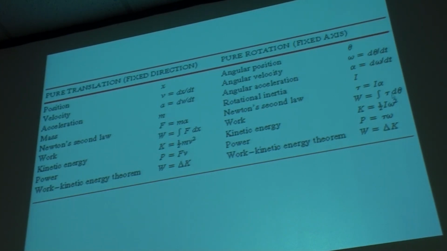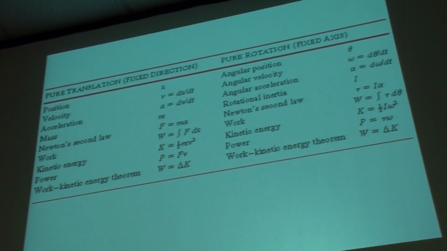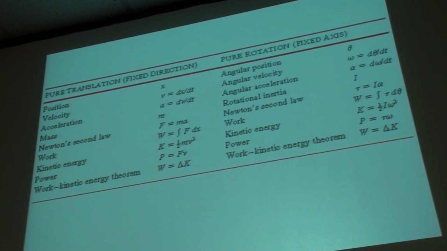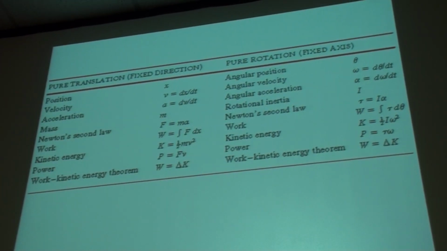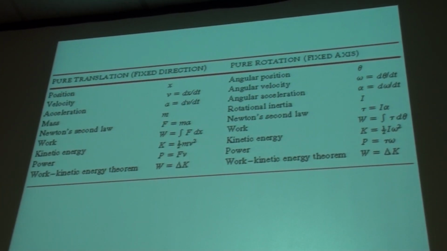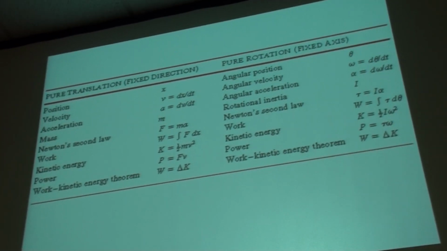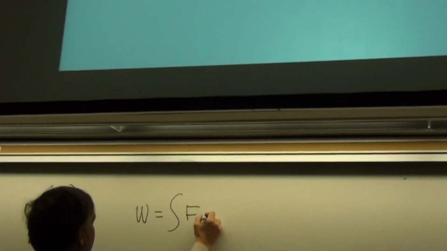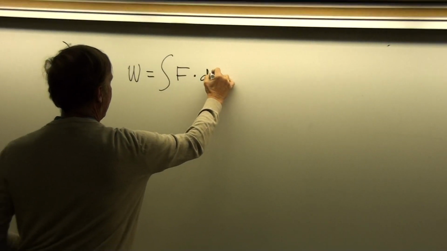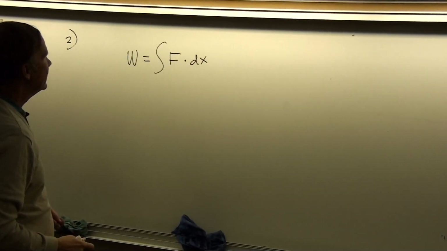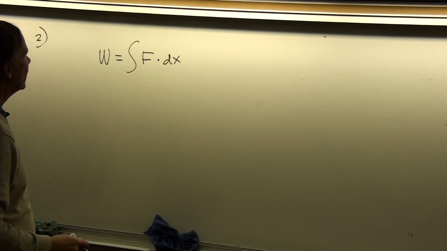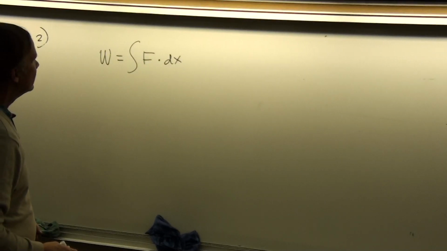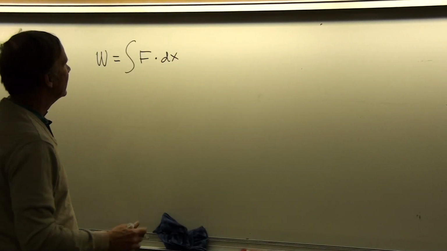Okay, so let's take a look at that for a second. We know from our translational type of motion that work equals the integral of F dot dx. But we can easily convert this into a torque problem by thinking of the dx as being a d arc length.